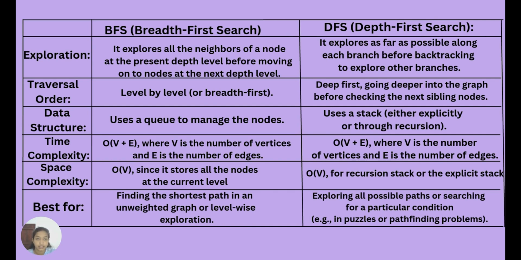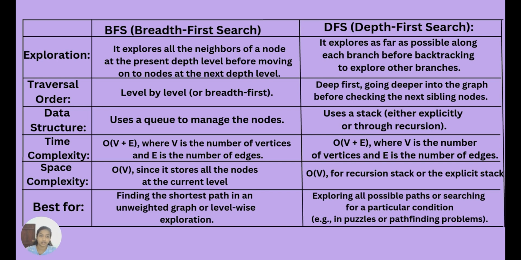Breadth first search exploration: it explores all the neighbors of a node at the present depth level before moving on to the nodes at the next depth level. Depth first search exploration: it explores as far as possible along each branch before backtracking to explore other branches.